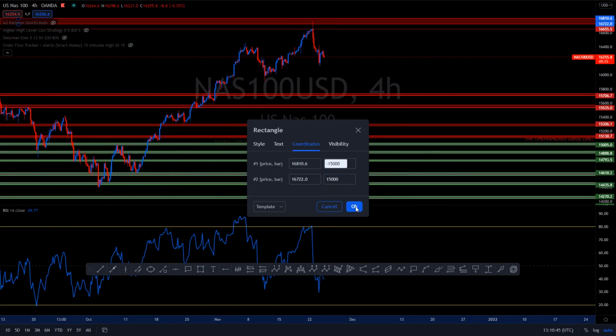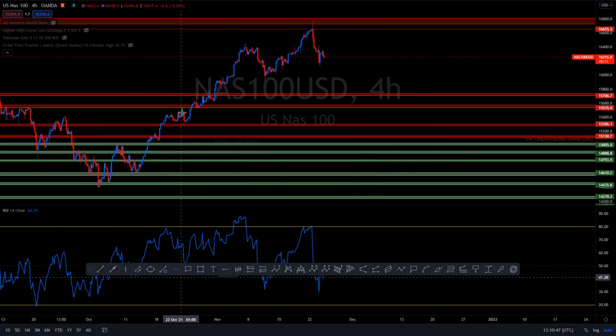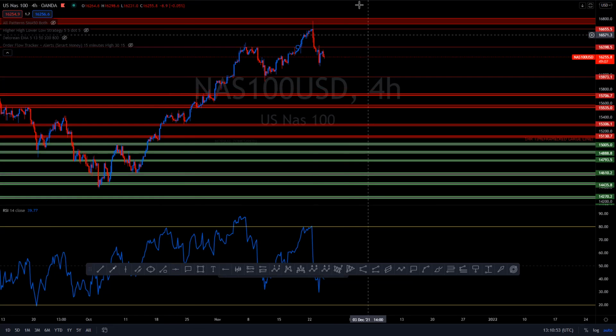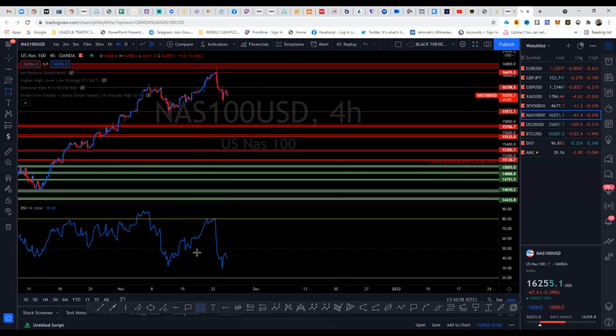This one right here, then another one here. All right, so I'm going to change the coordinates of these zones, and then once I do that, we're going to actually move on to the 15-minute and figure out exactly what we're going to do with our sniper entry. Be right back.